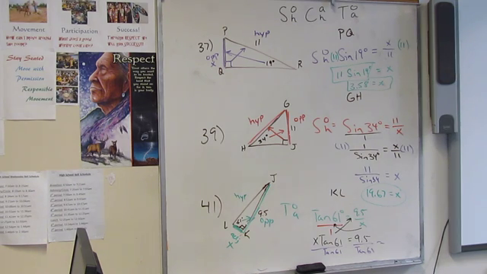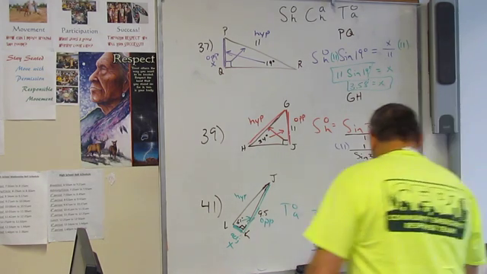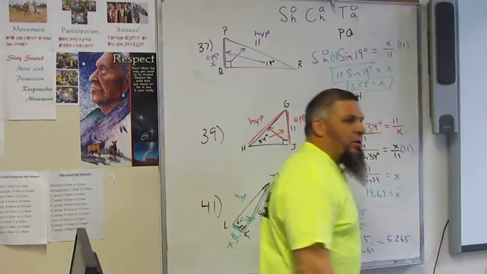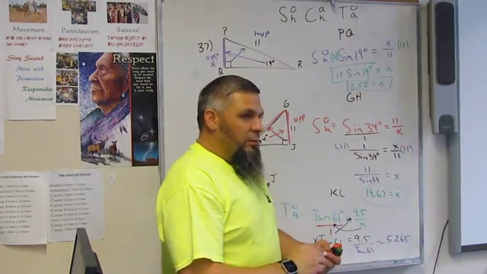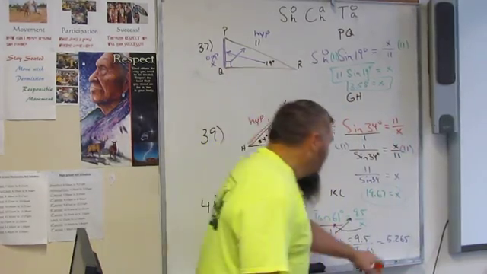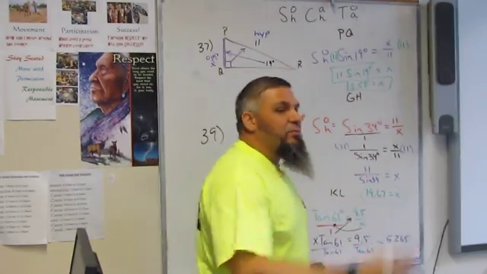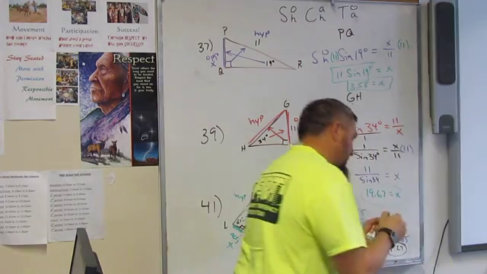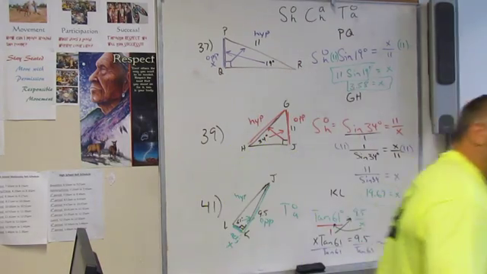Why did you come up with 5.27 and I came up with 5.26? 5.265. What's happening? Round up. Yes. Remember, if this is a 5 or more, I gotta round up. 5.27. There it is. Okay?